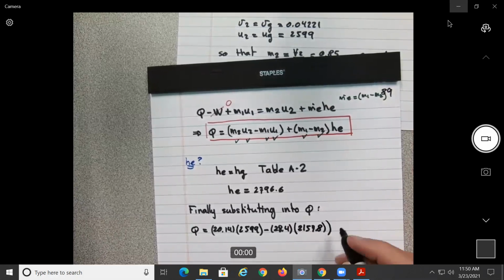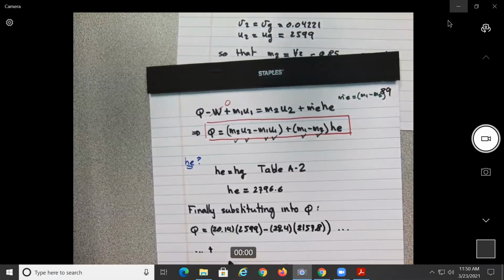That should be the first term, plus M1 minus M2, so that should be 28.4 minus 20.14 times H sub E, which is 2,796.6.